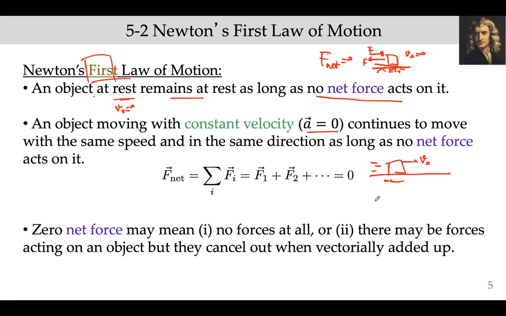So basically, the first law of motion is saying that if the object has zero velocity, it will always have zero velocity if the net force is zero. Or if it has some velocity, its velocity also will not change if there's no net force. From that, you can infer that the only way that the velocity can change is when there's a net force.